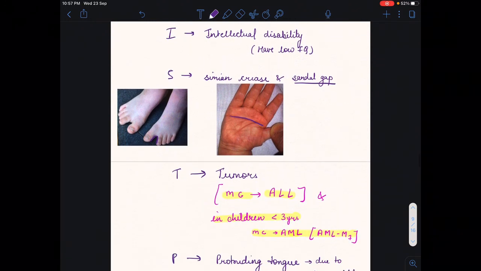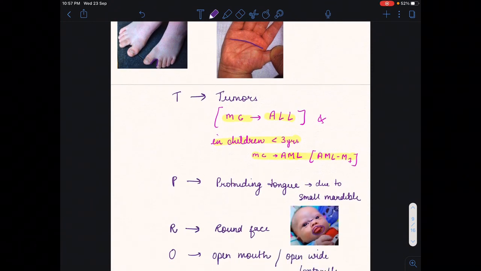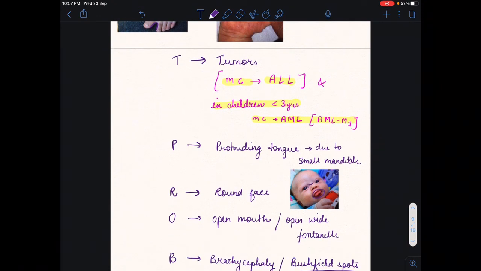And T for tumors. The most common tumor in Down syndrome is ALL, acute lymphoblastic leukemia, and in children less than 3 years the most common tumor is AML, which is AML M7. And P for protruding tongue, due to a small mandible, so the tongue will be outside.